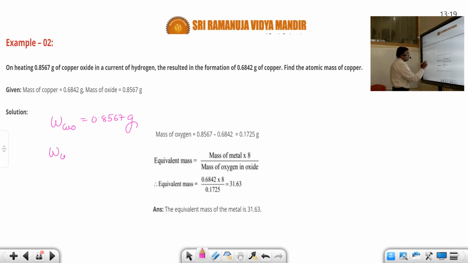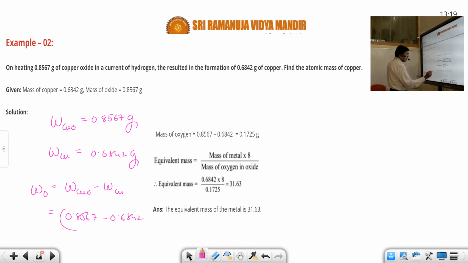So weight of copper you got here is 0.6842 grams. Now students, here weight of oxygen is equal to weight of CuO minus weight of copper, it comes out to be 0.8567 minus 0.6842. So this you have to write. So I hope you are very clear, students.